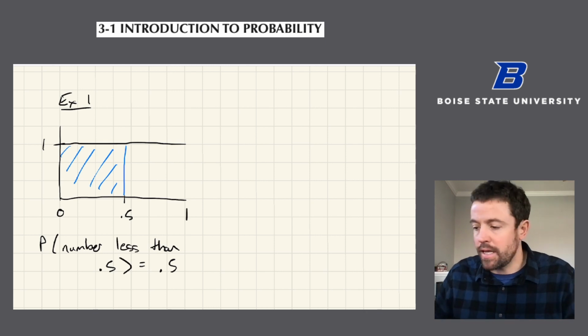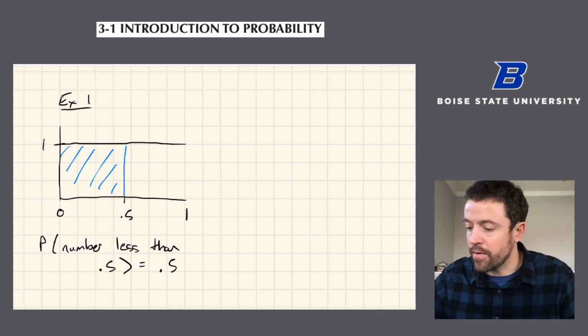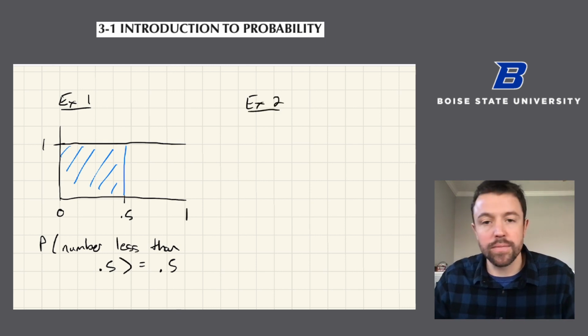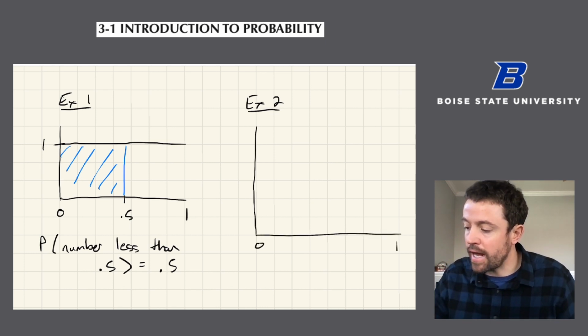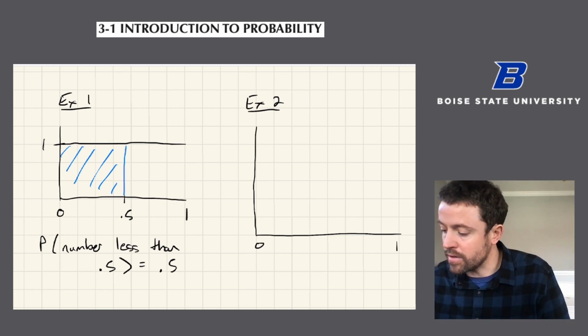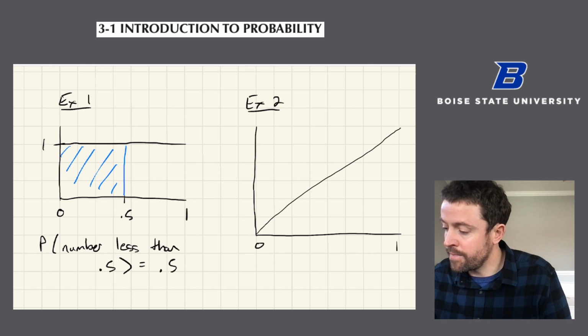Now let's make a slightly more interesting example, where here in example 2, I'm still going to be picking numbers between 0 and 1. But as numbers get higher, they're going to be more likely to occur. And so I'm going to do something like this.